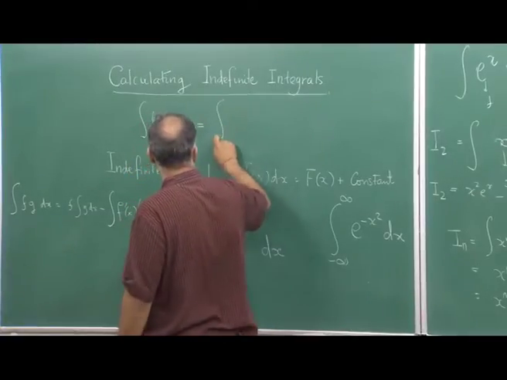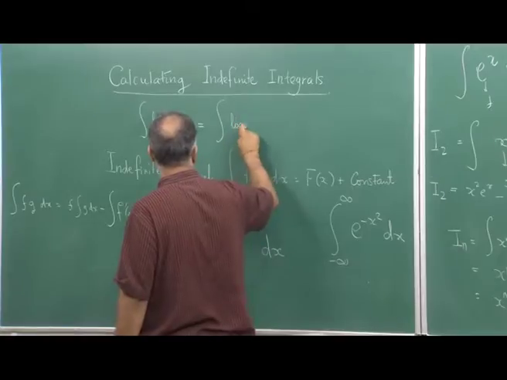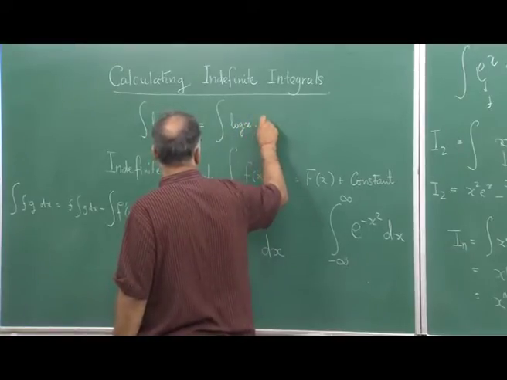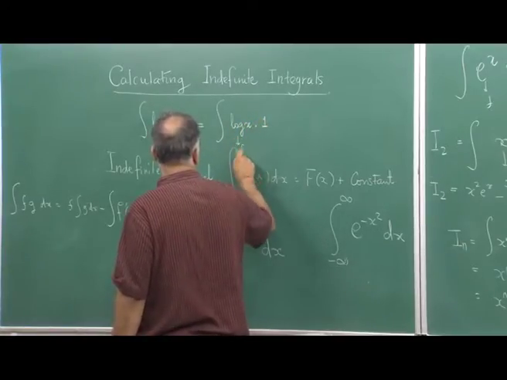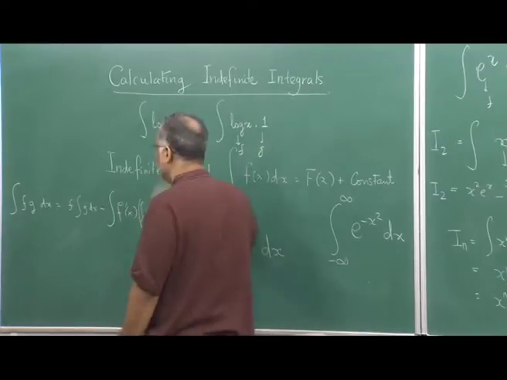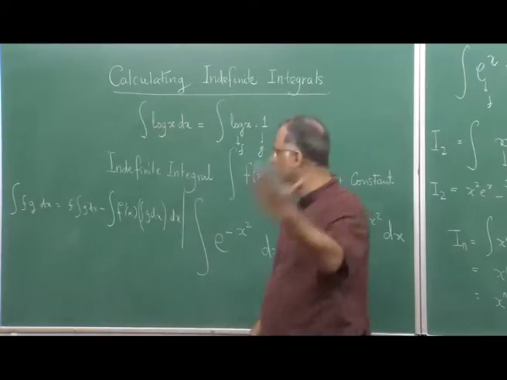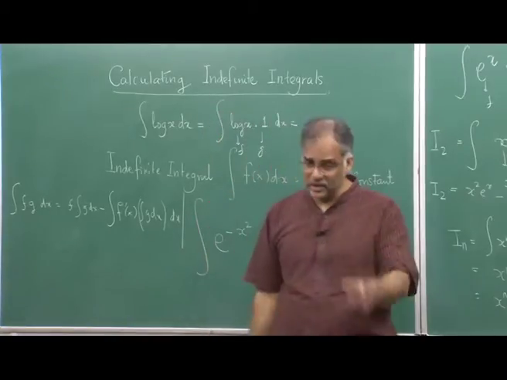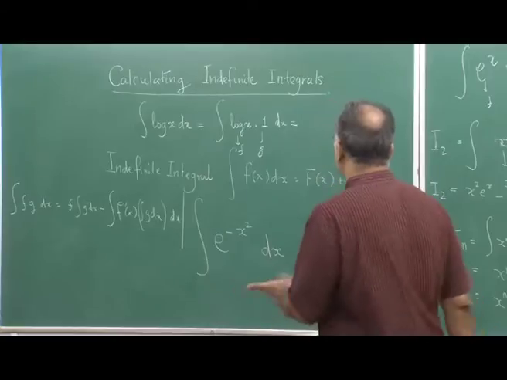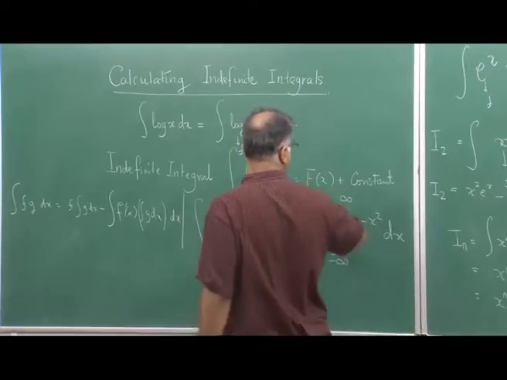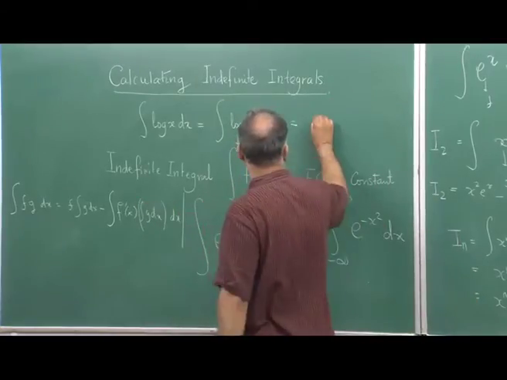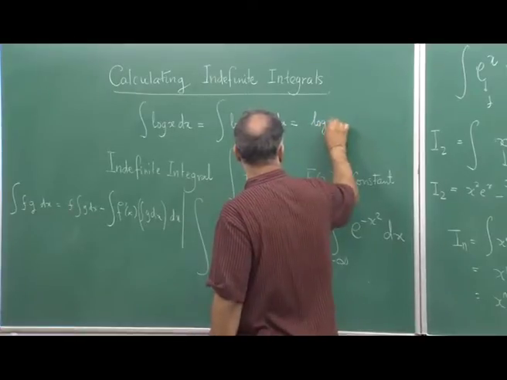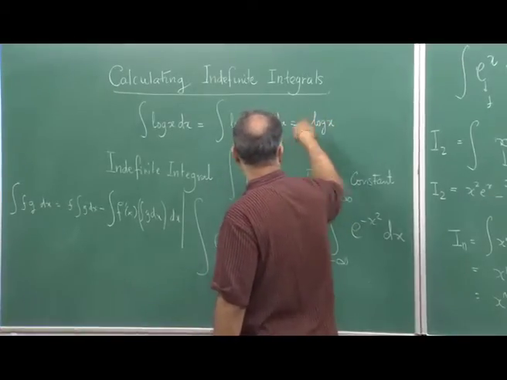What you are going to do is write log x into 1. So, this is your f and g is a constant function, g(x) equal to 1 for all x, and then you apply the integration by parts and you see the power of this whole technique. Then just like here you keep the log x fixed. So, log x, and if you integrate 1 this is x.